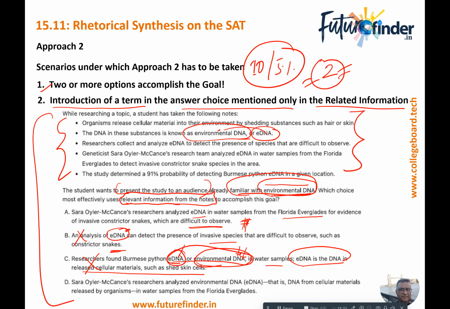And in this one, again, it says eDNA, that is DNA from cellular material. Again, an introduction of what is eDNA. So this is also eliminated. We have already cancelled out B, C, and D. So the only answer we are left with is A.